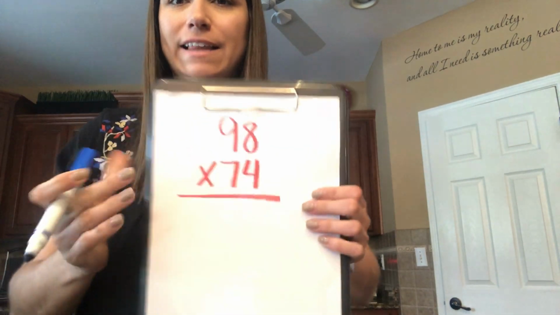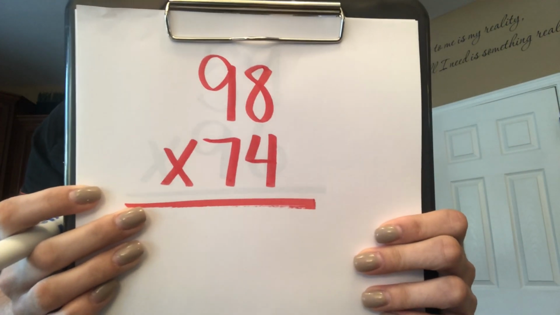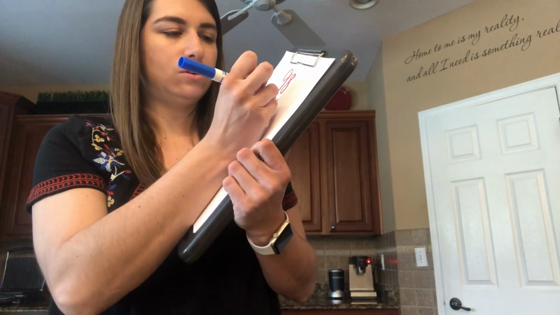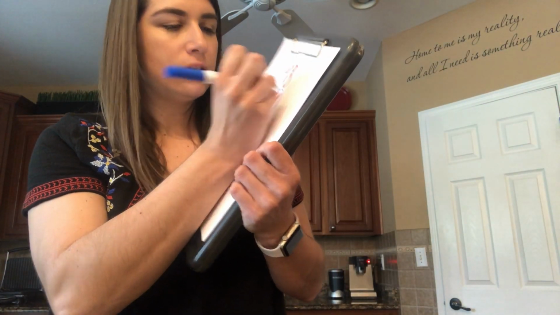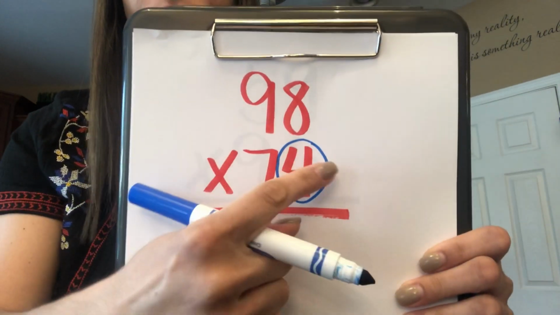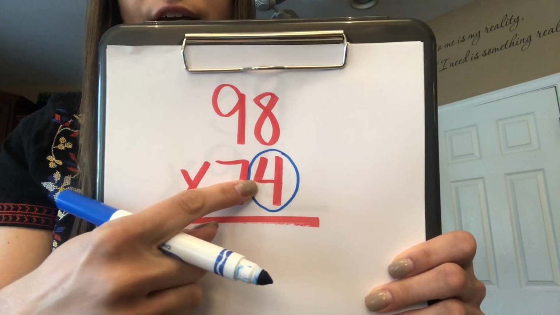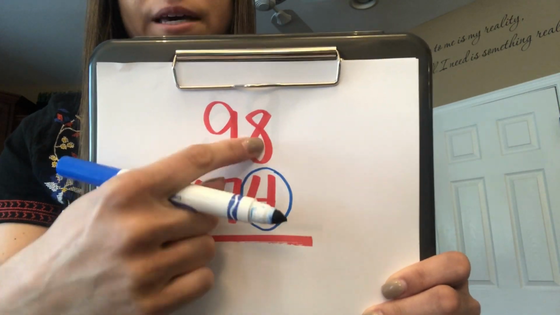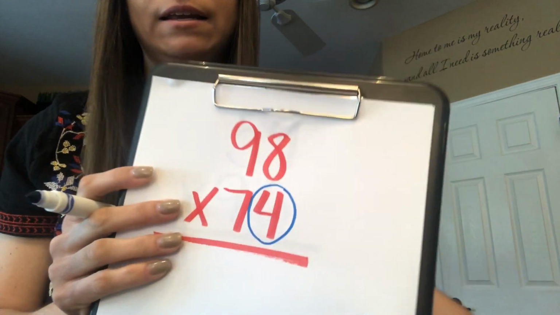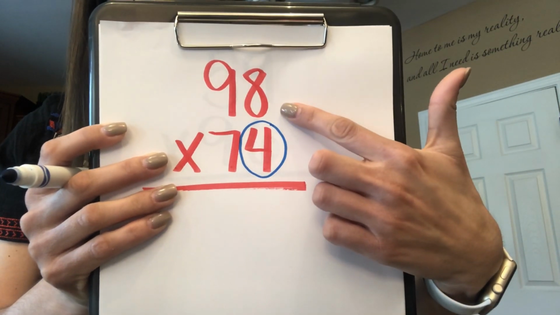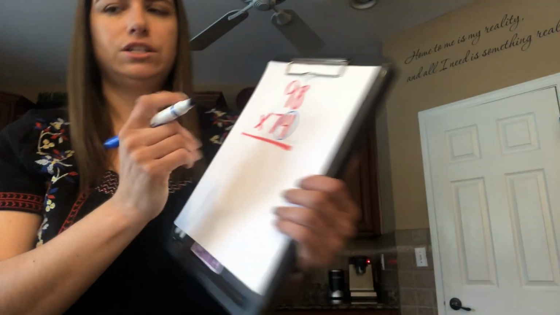So the first thing that I like to do with a 2 by 2 is circle the first thing I'm gonna multiply by. So that's the 4. So I'm gonna circle this 4. So I know that I'm using the 4 times 98 first. So I'm gonna start here and work my way over my ones place and then my tens place, just like I did on these, right? So 4 times 8 is 32.